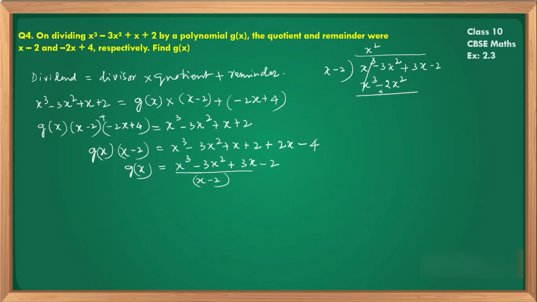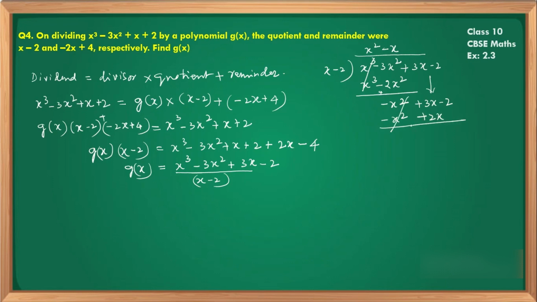Now this sign becomes plus, hence we have to take the difference and it is minus x squared. Now 3x and minus 2 is brought down. Now to get minus x squared here, you have to multiply minus x with this x. You get minus x squared, and minus x into minus 2 is plus 2x.